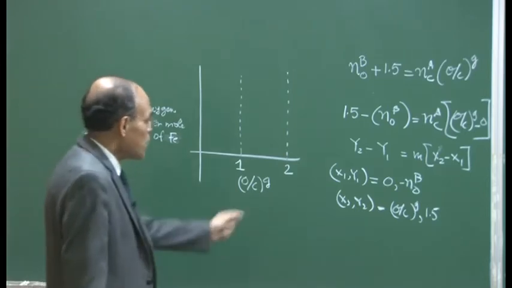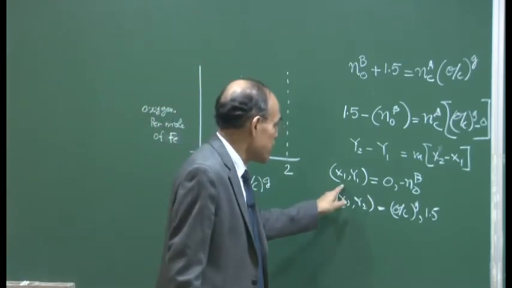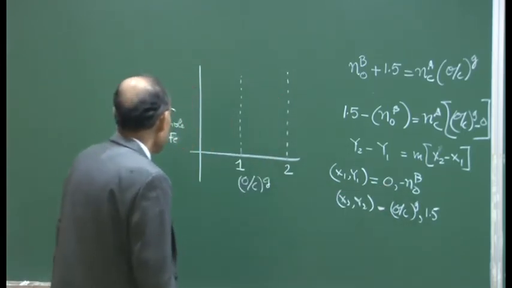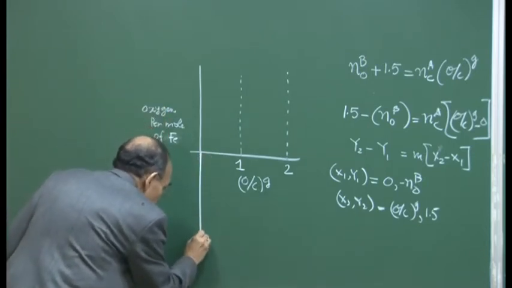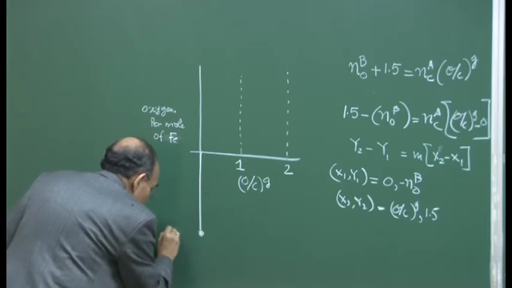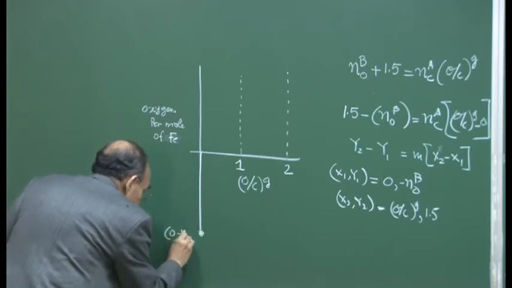Now, x1, y1, if you look at it, is 0 and minus NOB, which essentially represents this particular point. So, this is 0 comma minus NOB.